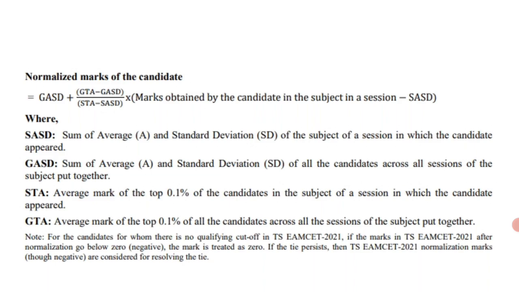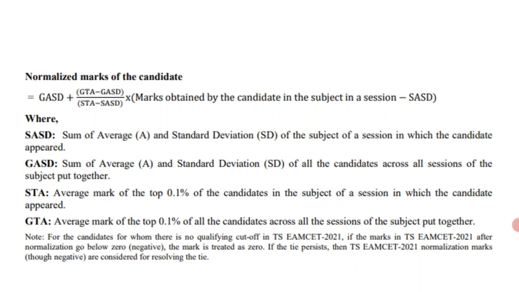Now the students are asking about this procedure. We know how it is calculated, though we cannot calculate it at this time, but what marks will be added? If you see the shifts, normally the second shift paper was tough, so for second shift people marks will be added, or for the first shift 1 to 2 marks will be added.